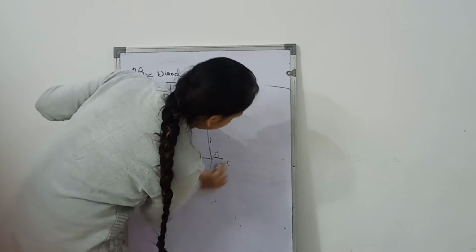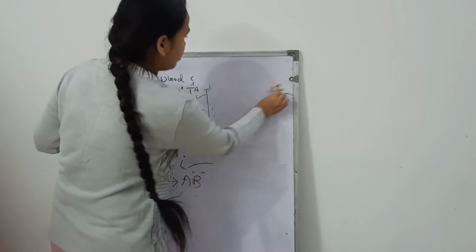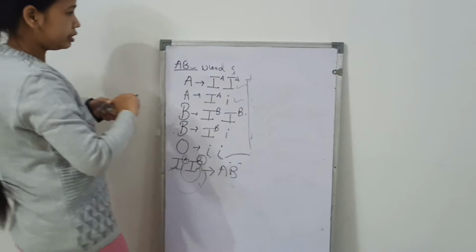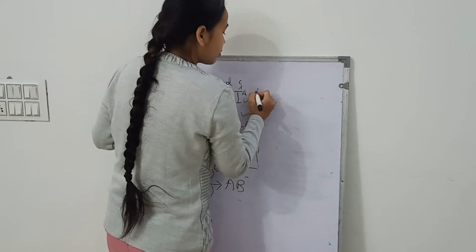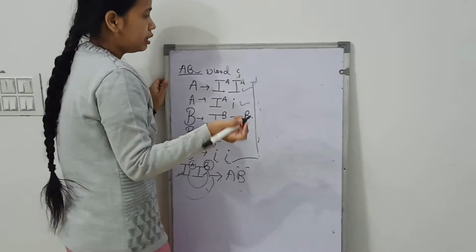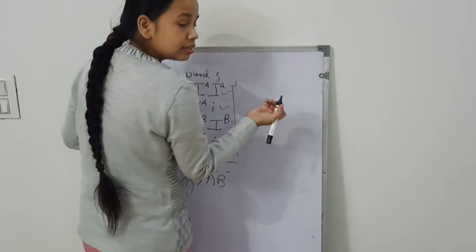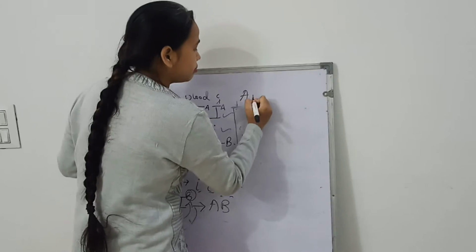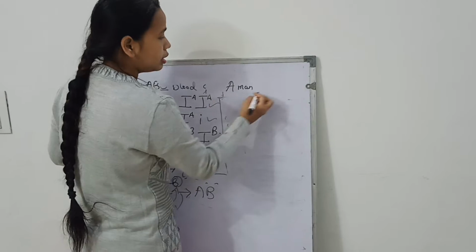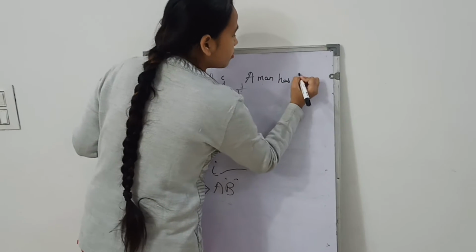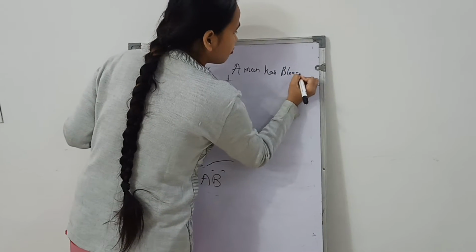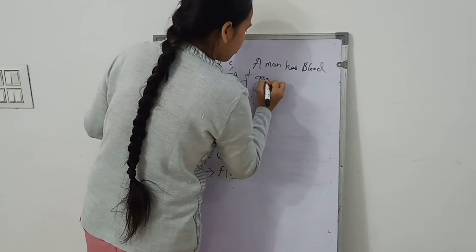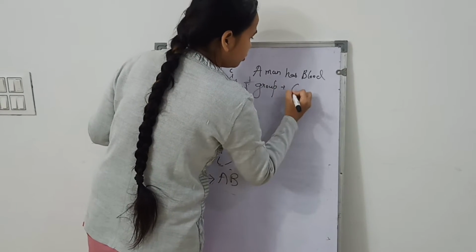So let's discuss the second question. The second type of question that is asked is, suppose it is said that a man has blood group O. Okay?